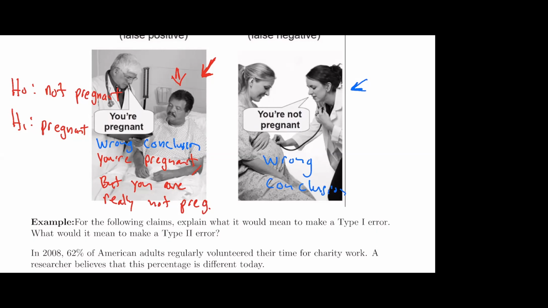So what we want to do is see which one is a type 1 error and which one is a type 2 error. So which one would be a type 1 error? Would it be the male or the female?